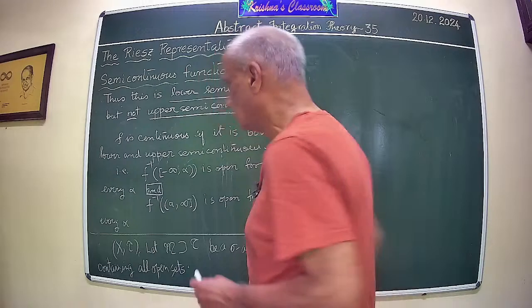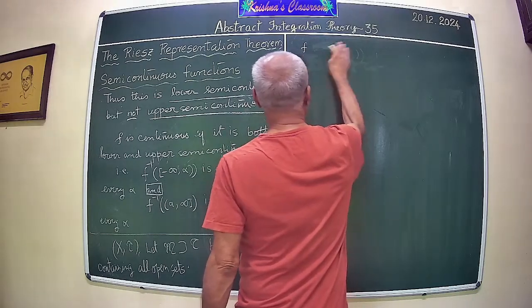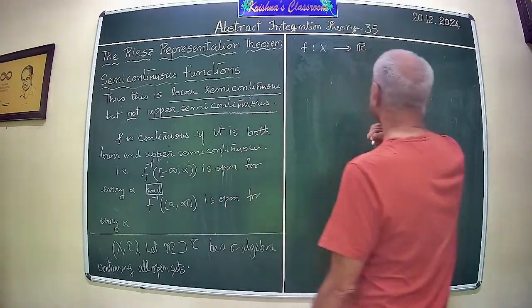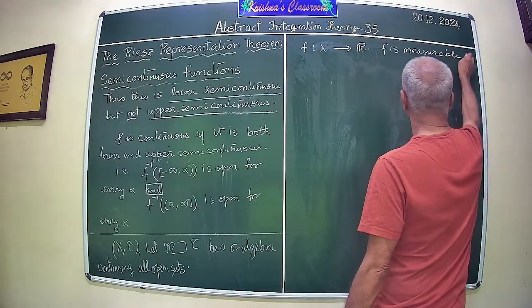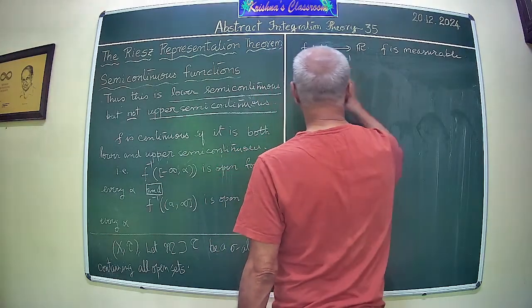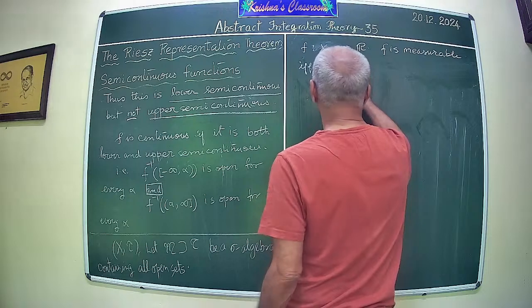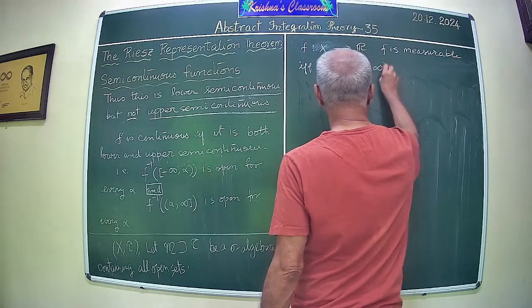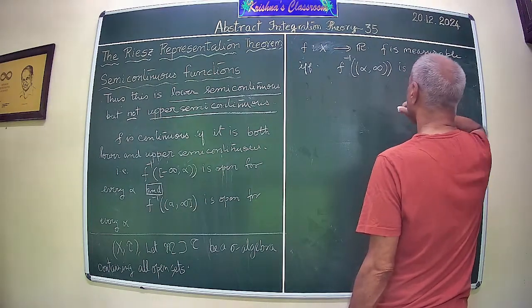Now we say that F is measurable. Okay, F from X to R. F is measurable if and only if F inverse of alpha infinity is measurable.